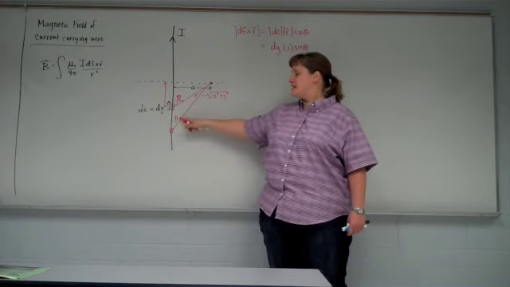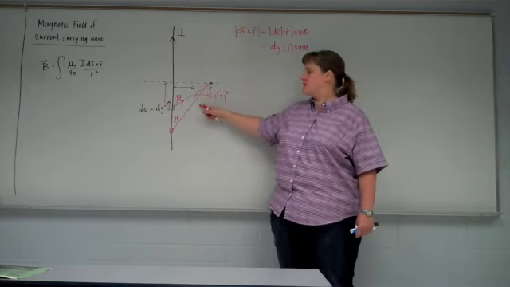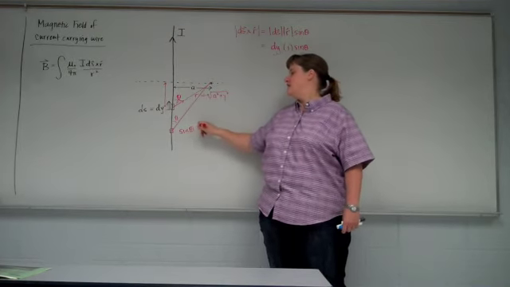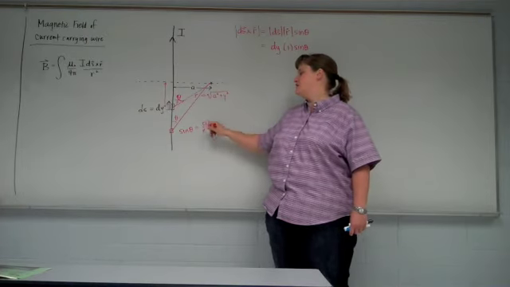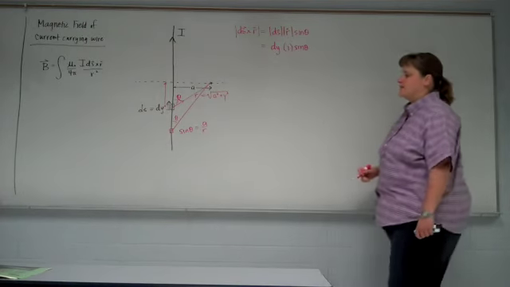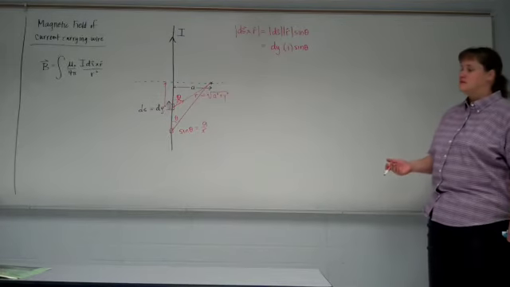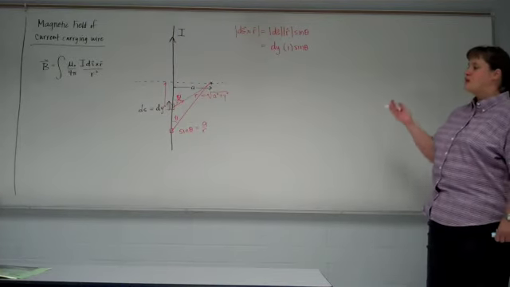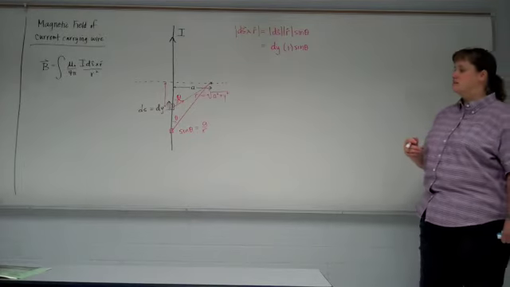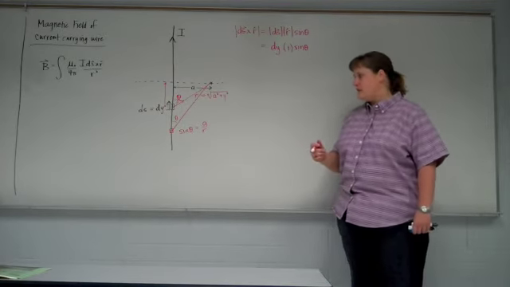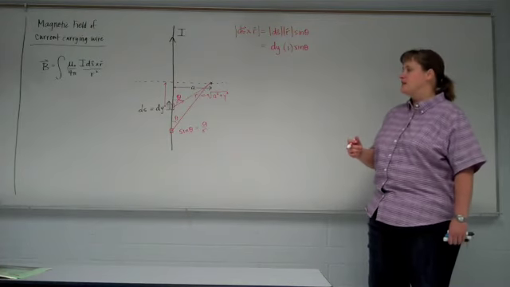The sine of theta is the opposite over the hypotenuse, so the sine of theta is a over r. Now it's changing because r is changing. But now we know r relates to y, and so we can write our equation that we need to integrate.